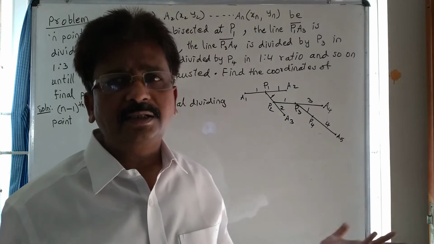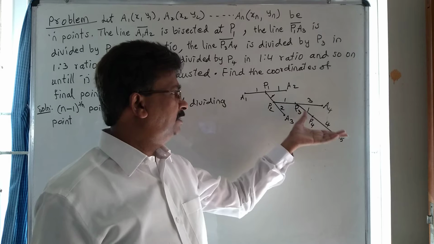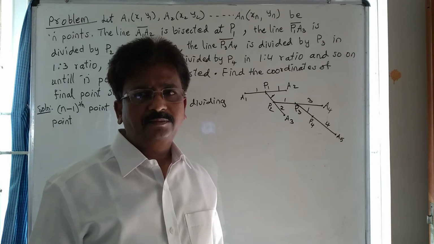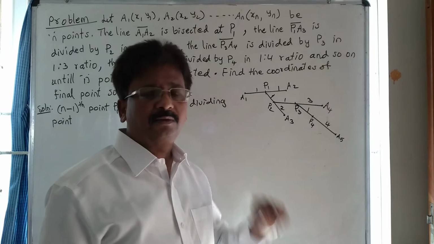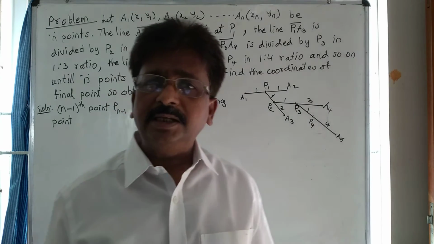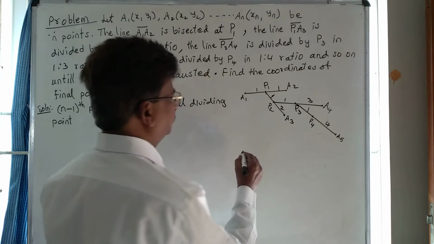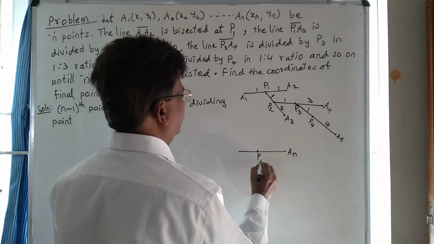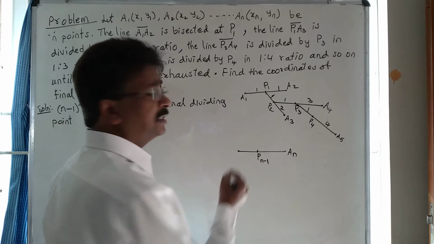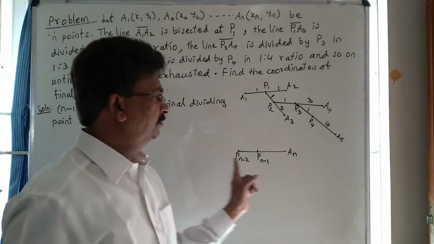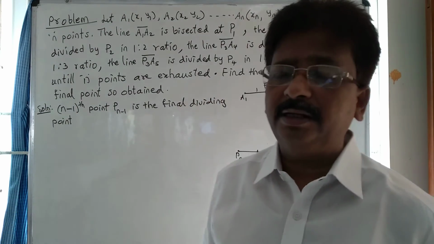Where is the final line segment here? P3 A5 is the final line segment. The dividing point is P4. Similarly, Pn minus 1 lies on the line segment Pn minus 2 An, the previous dividing point Pn minus 2 and An. On this line segment Pn minus 1 lies.